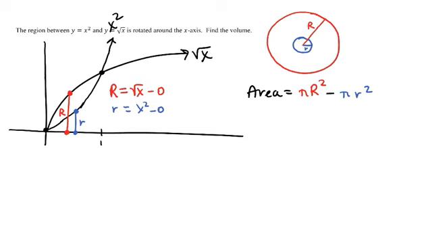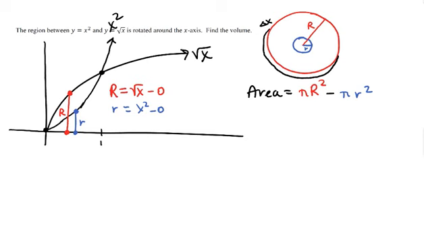And so I think we're pretty much ready to integrate to find the volume. Well, we could say that if we gave this annulus a little bit of depth, oh goodness, it's not a very good figure, but I'll do the best I can, that is a prism. It has an area of its face, and its height would be delta x.